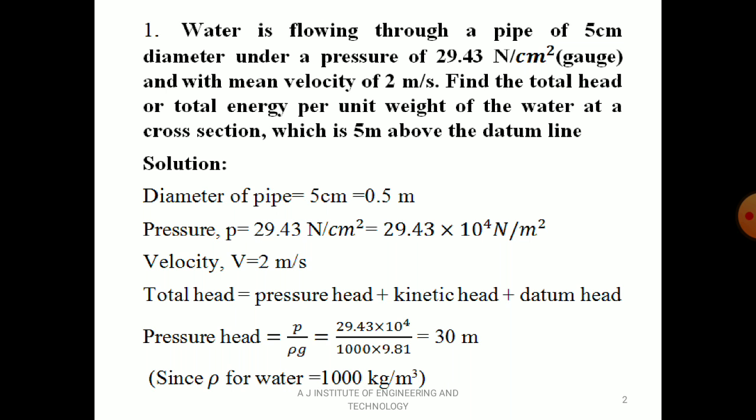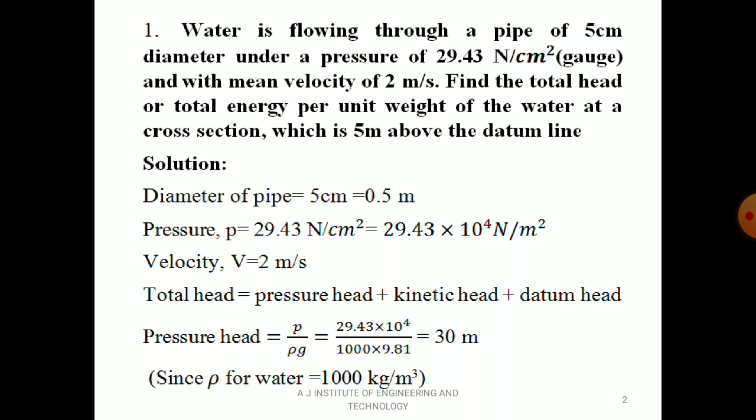So I convert from Newton per centimeter square to Newton per meter square just by multiplying by 10 to the power 4. So pressure head P by rho g, the P value is 29.43 into 10 to the power 4, divided by rho. Since water is flowing, the density of water, which you have to remember, is 1000, into g, the acceleration due to gravity, 9.81. So 29.43 into 10 to the power 4 divided by 1000 into 9.81 is the pressure head.